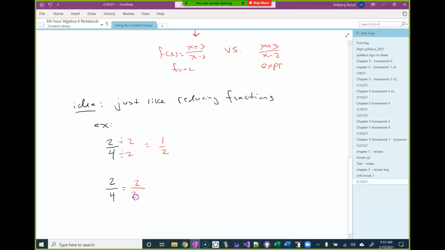But 4 factors into 2 times 2. Then we can reduce by canceling a 2 from the numerator and denominator. When we cross those out, those become 1s, and we're left with 1 on top and 1 times 2 on the bottom, or just 2.